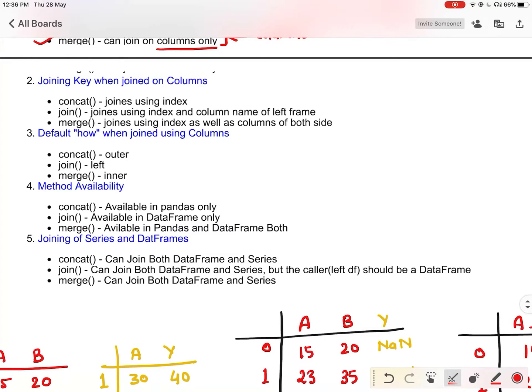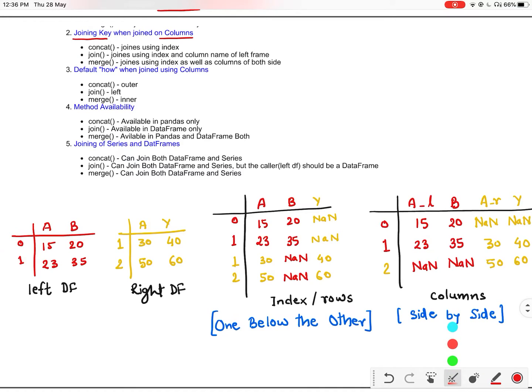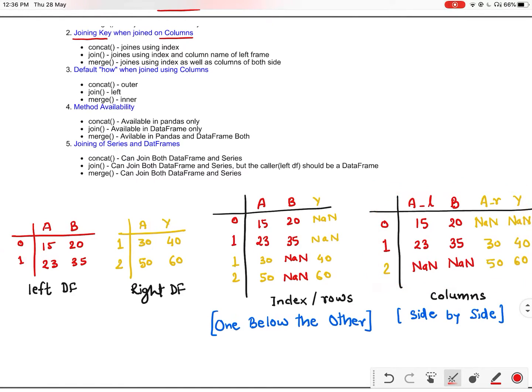Let us now discuss the second difference. The second difference is the joining keys when we join on columns. Since we can join two data frames on columns in all three methods, we will discuss what is the difference when we join two data frames on columns using the three methods.